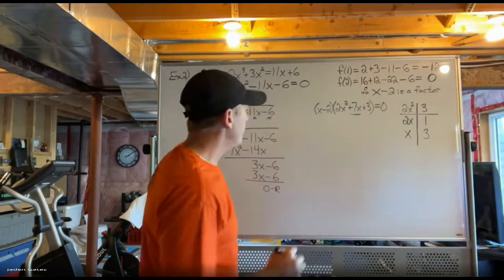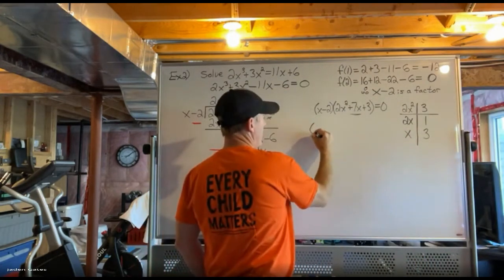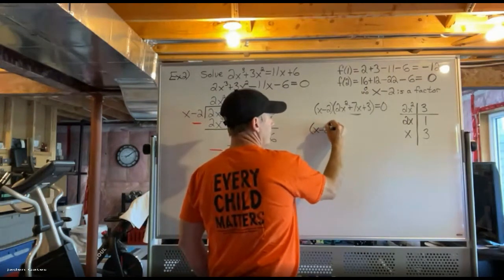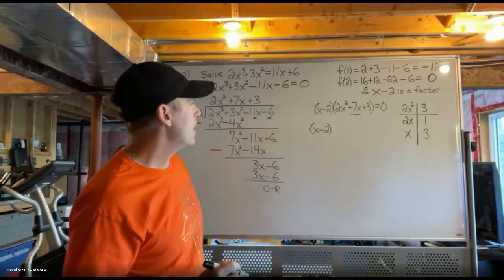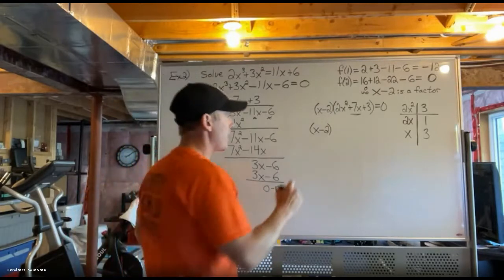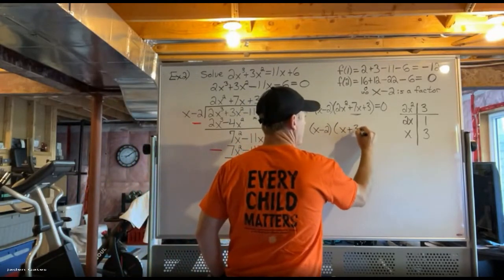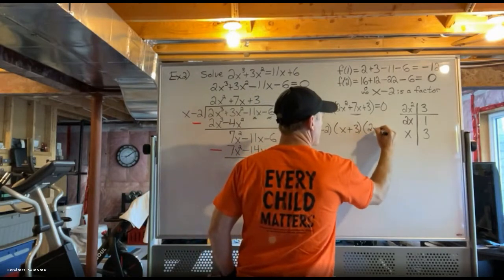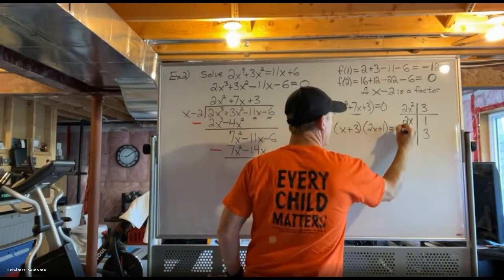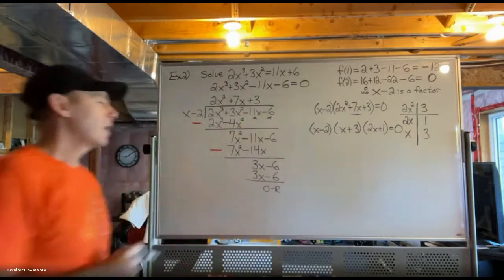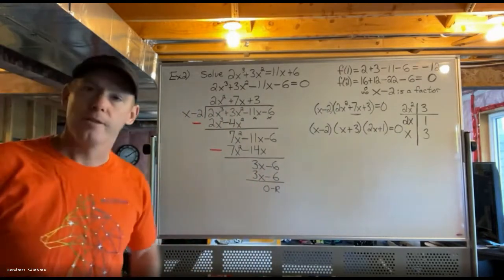So now I've got my equation, x minus 2. Now I've factored my quadratic, so one factor here is x plus 3, and the other one is 2x plus 1, and again, it's equal to 0. So now it's fully factored.